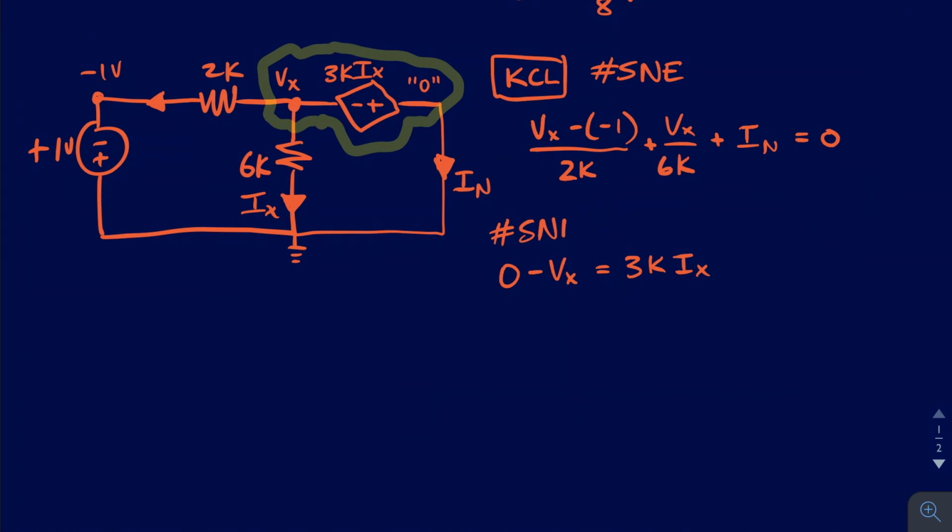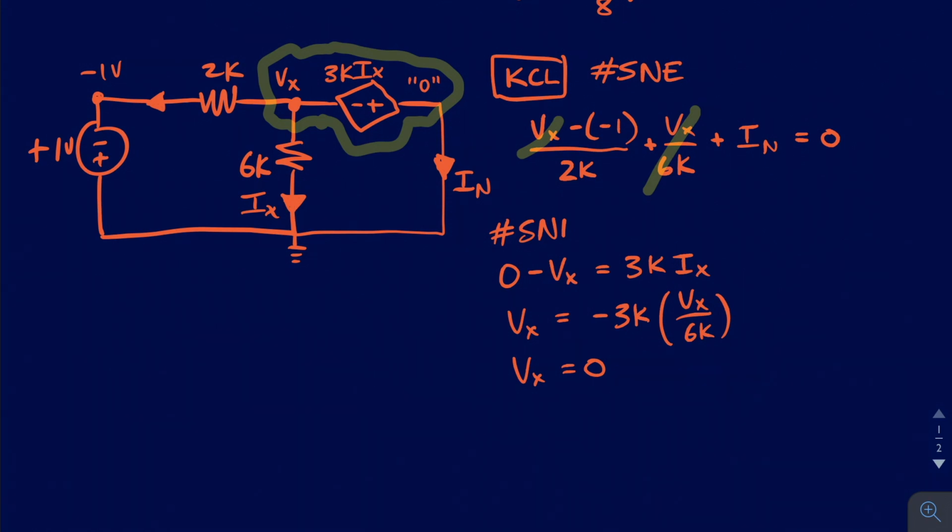We can go ahead and say that Vx is going to be equal to minus 3K, and then Ix is just simply going to be Vx over 6K. And if you continue on with this, you'll see that Vx is simply equal to 0. So this is a really cool thing to see, because this means that when we go back to our previous equation, this Vx right here and this Vx right here cancel out.